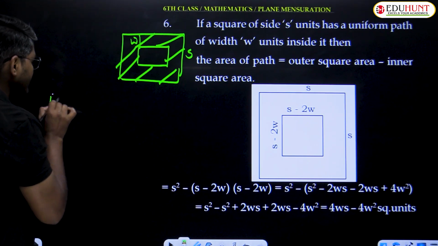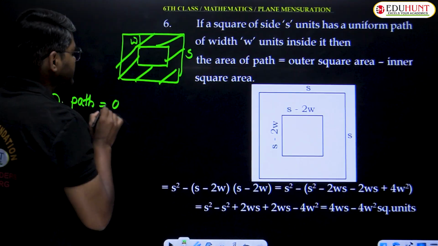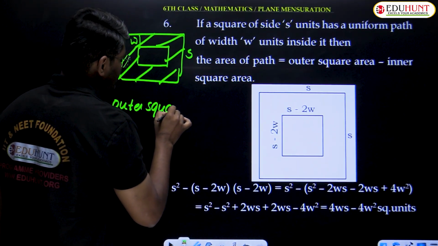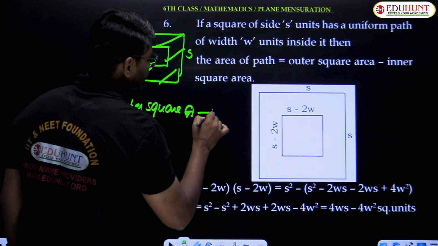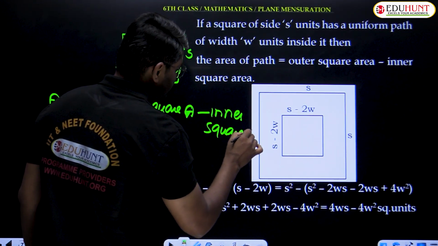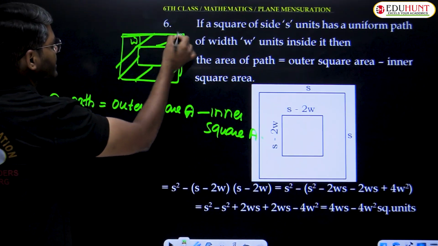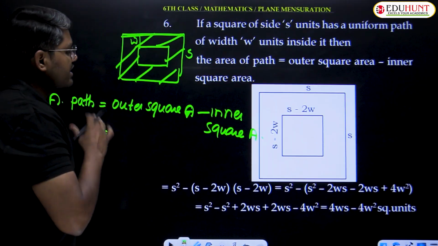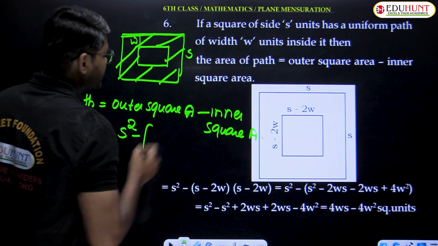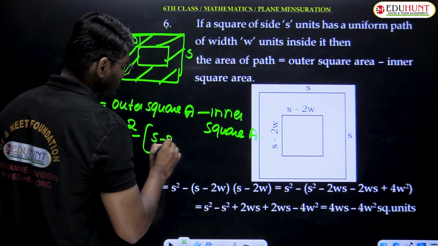So area of the path is equal to outer square area minus inner square area. Okay, outer square area is, measurement of square is S, so S square minus inner square area, so S minus 2W whole square.